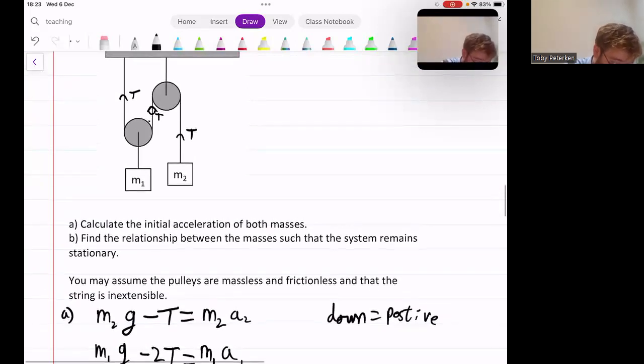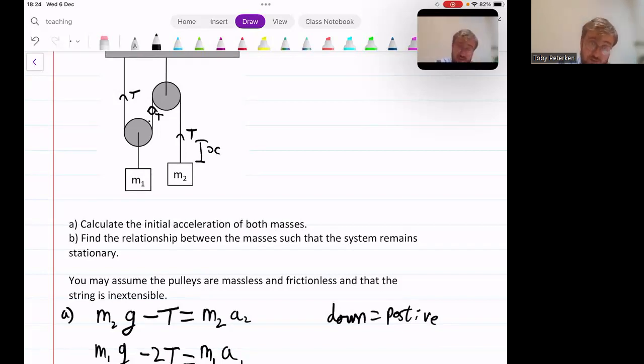So if m2 were to rise a little bit, we find that m1 would fall down only half that amount. This might be hard to see, but if m2 were to rise, say, a distance x up, then as that goes up, m1 comes down.